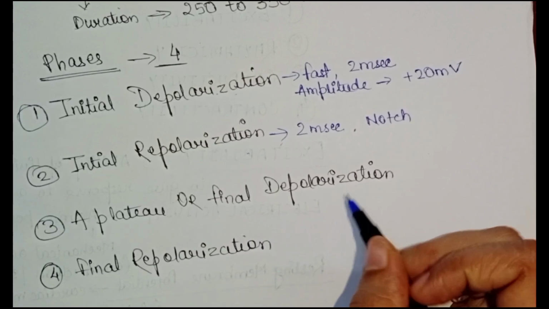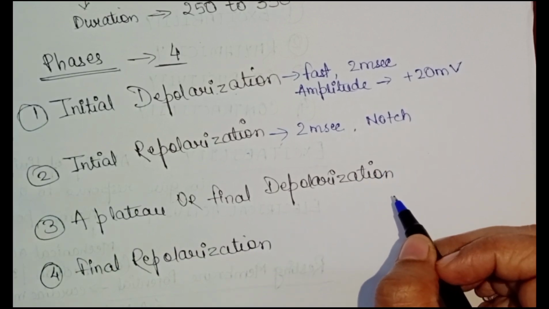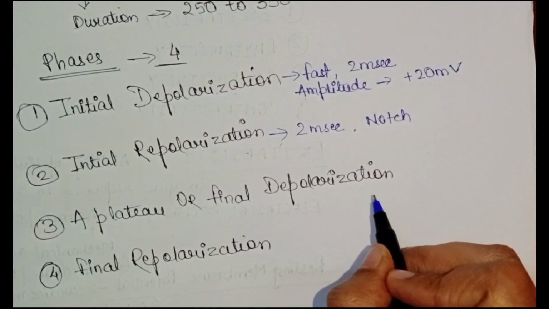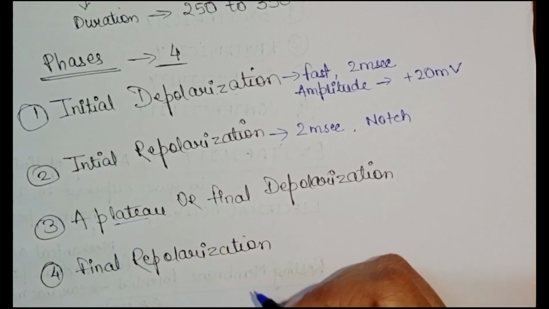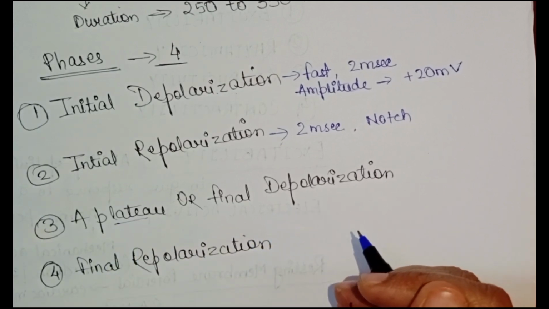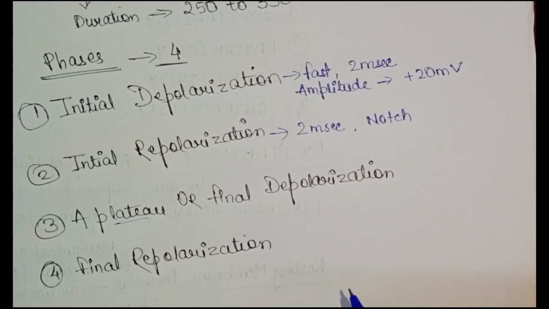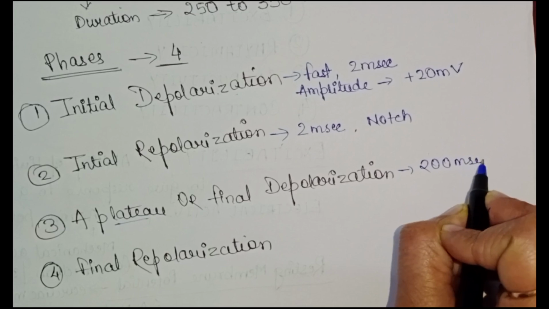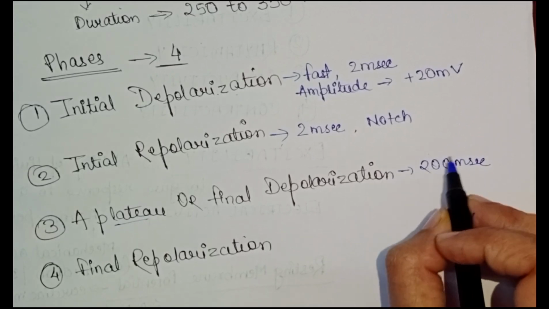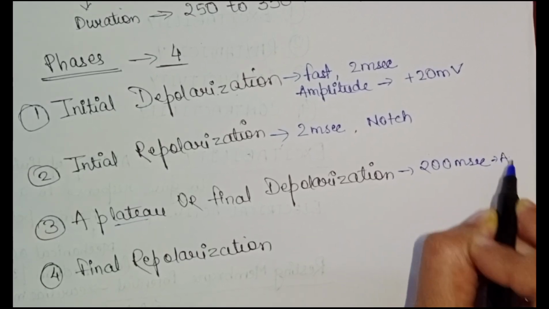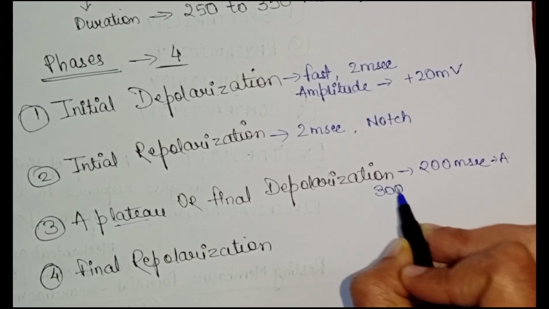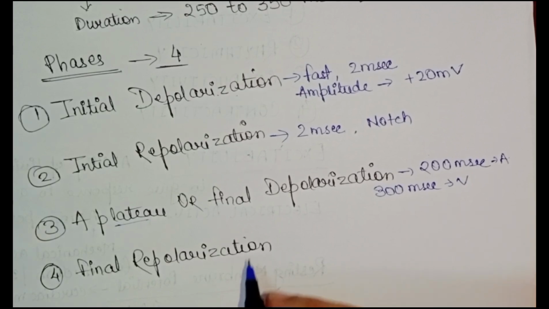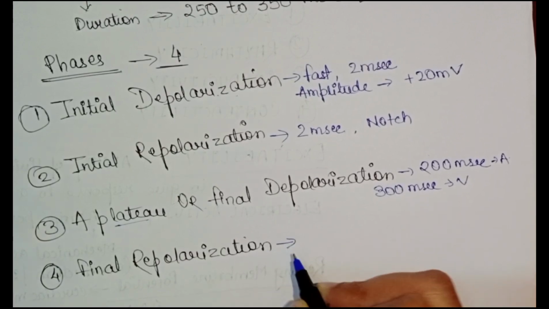Then a plateau, or final depolarization. Afterwards, the muscle fiber remains in a depolarized state for some time before going to repolarization, and it forms a plateau in the graph. This is a stable period in the action potential, and it lasts for about 200 milliseconds in atrial muscle fiber and 300 milliseconds in ventricular muscle fiber.